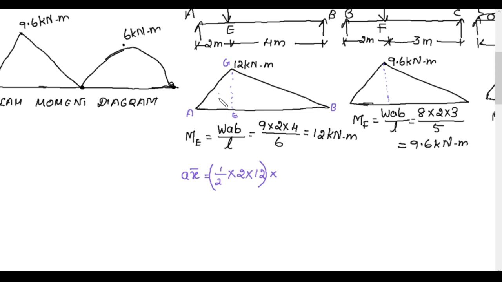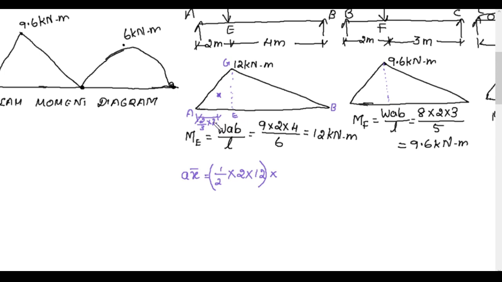So calculating the distance, somewhere the center of gravity will lie here, and this distance will be equal to 2 by 3 of AE, that is 2 by 3 of 2.